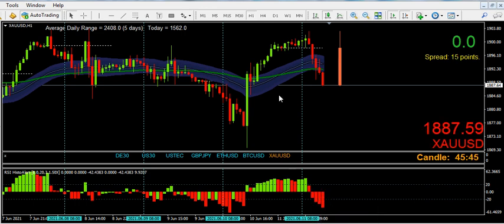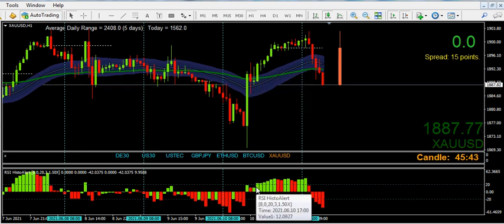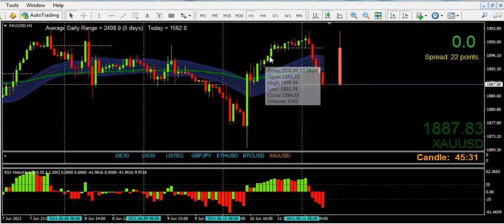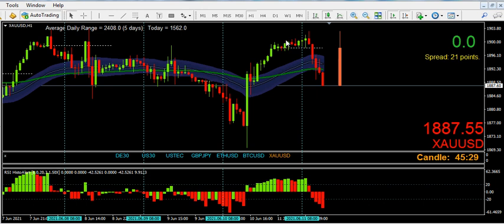Now, much the same as I always say, look back at history on your charts. Look what happened when you had rising momentum, consecutive hours, it just pushed price up. Past history does repeat itself.